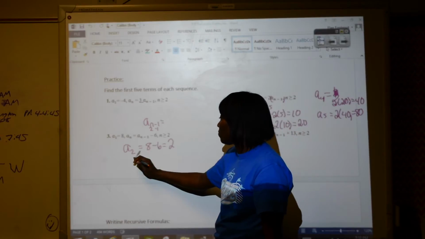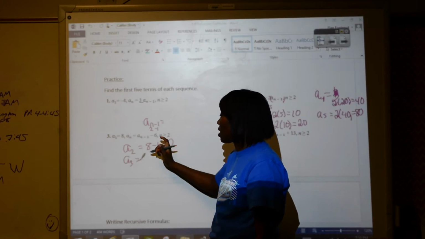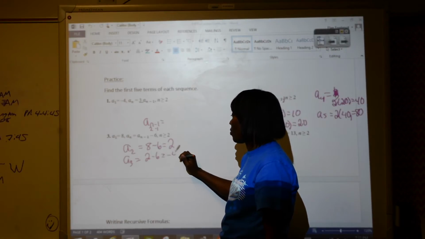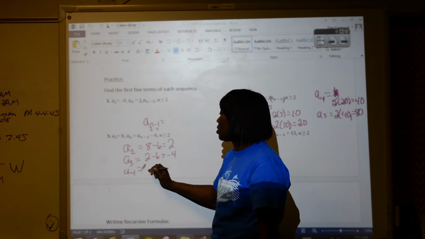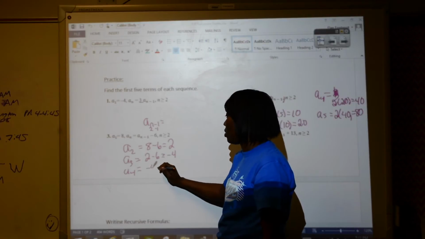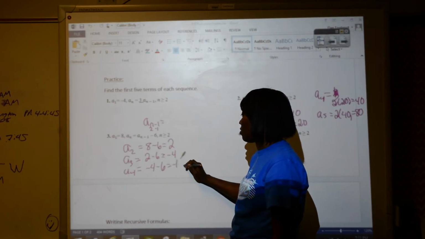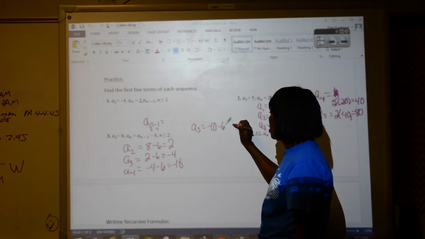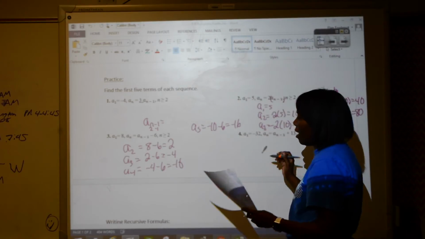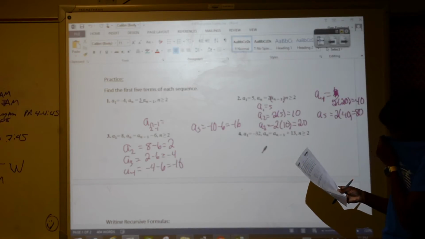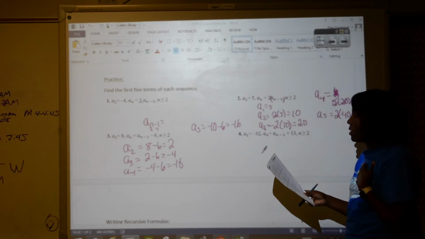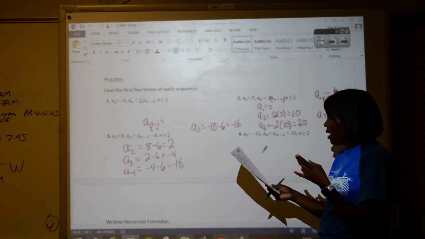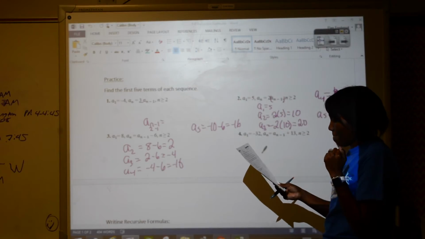And so we get 2. A sub 3 is taking that previous term and doing minus 6, and we get negative 4. A sub 4 is doing the previous term minus 6 and getting negative 10. And a sub 5 is taking our previous term, minus 6, and getting negative 16. So our first 5 numbers are 8, 2, negative 4, negative 10, and negative 16.